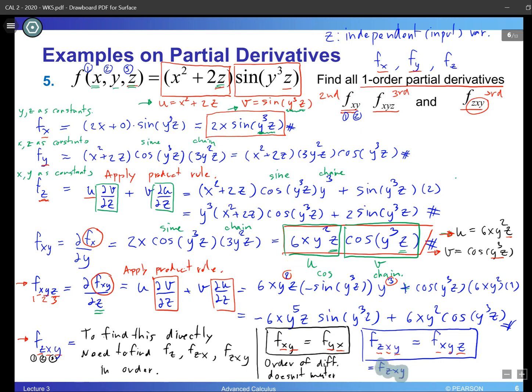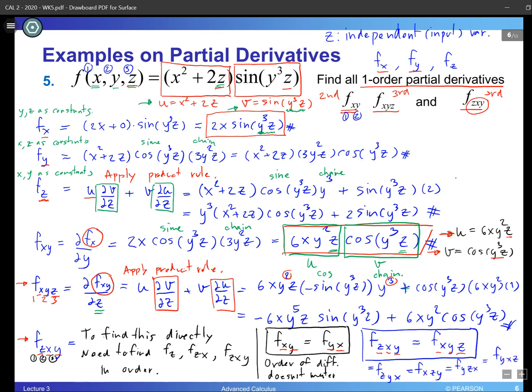And it's going to be equal to the fxyz that we found earlier. But I want to add to this that the relation is not just these two. This is also equal to f of zyx, also equal to f of xzy, which is also equal to f of yzx, equal to f of yxz.